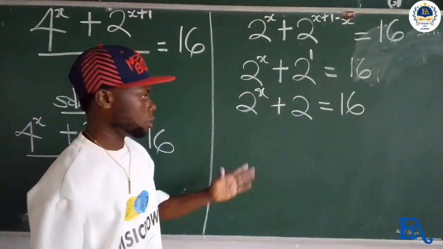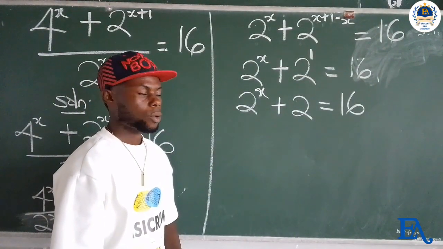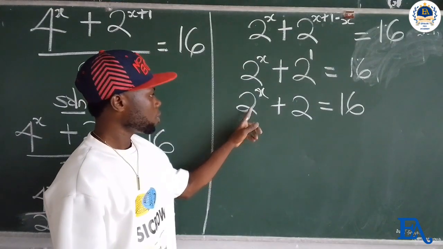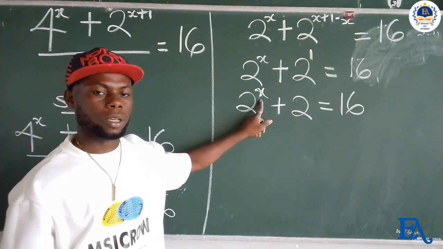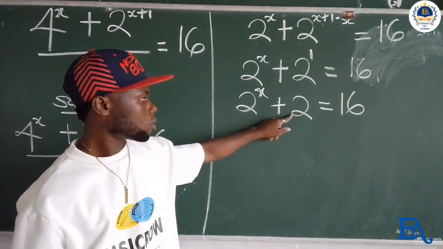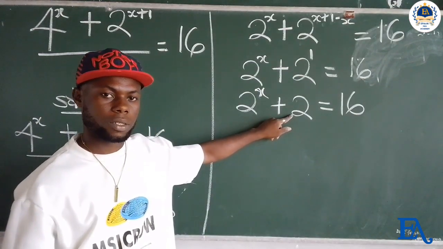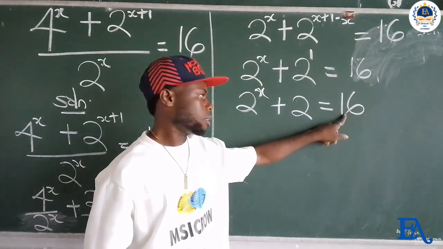What did you notice in this stage? We observe that this 2 has a power, and the power is a letter, not a number. While this 2 is a single number without a letter being attached to it. The same with 16. No letter attached to it.